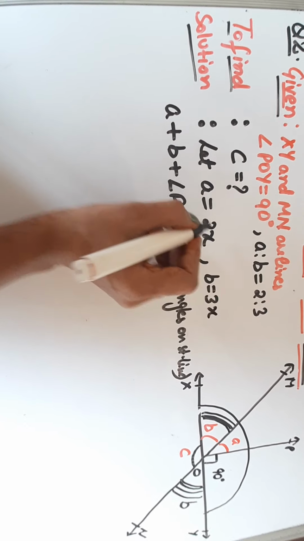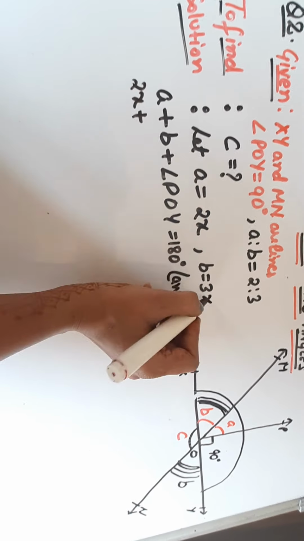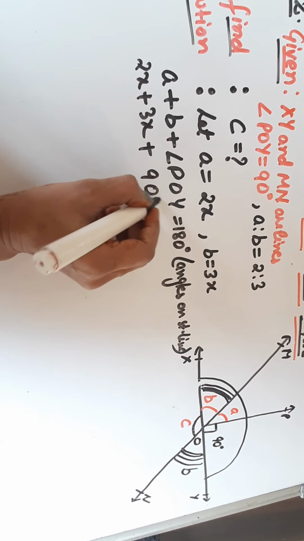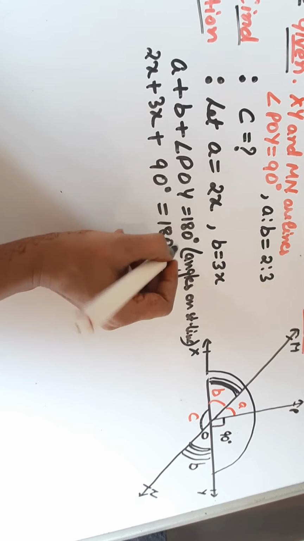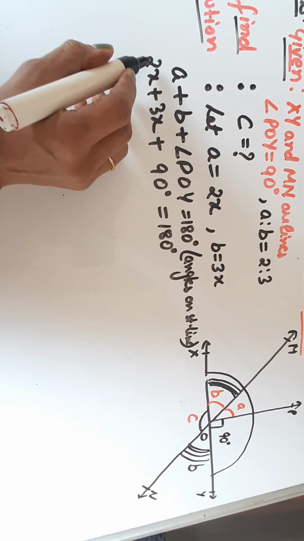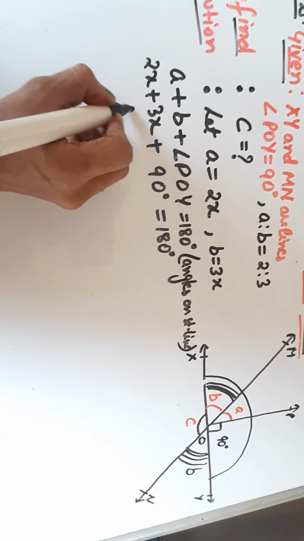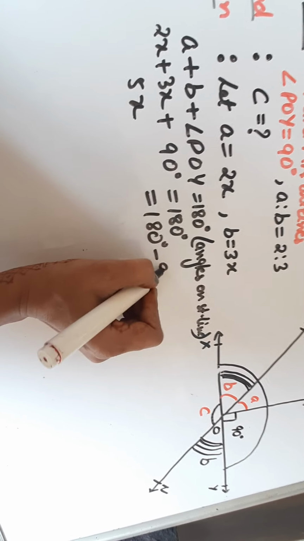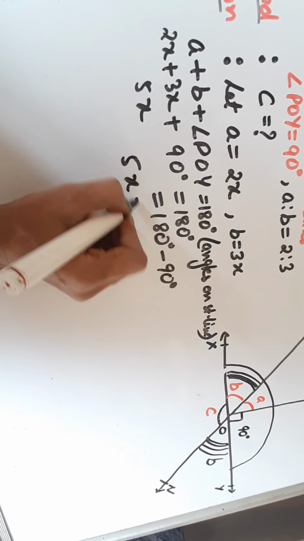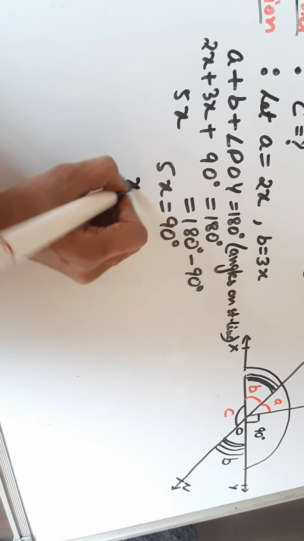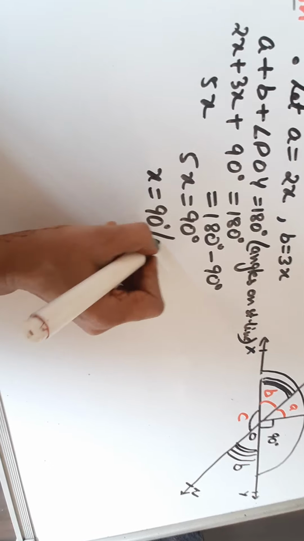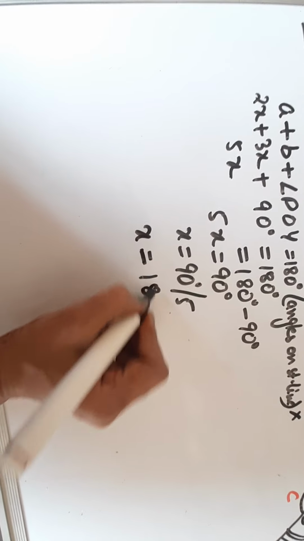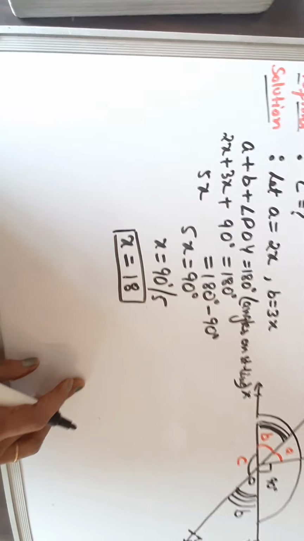So from here A value is 2x plus B value is 3x plus angle POY is given as 90 degrees. These are like terms, x terms, and 2 plus 3 is 5x. So we get 5x is equal to 90 degrees and x is equal to 90 degrees divided by 5. We get x as 18.